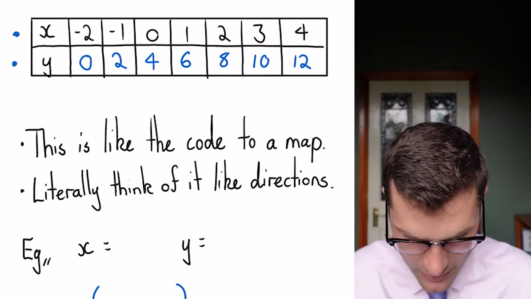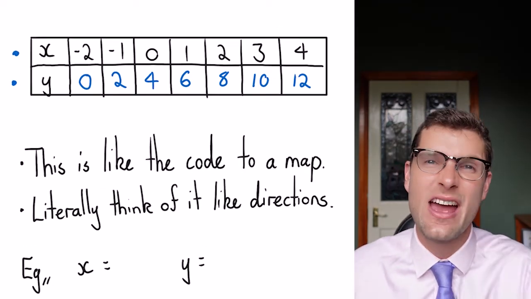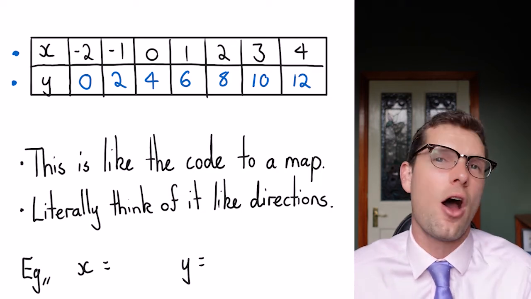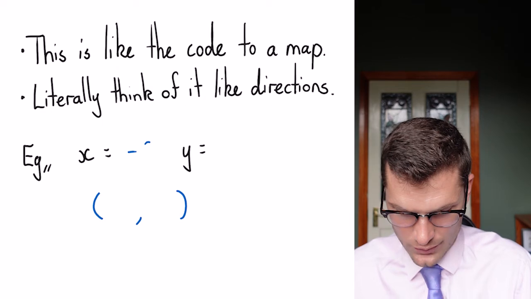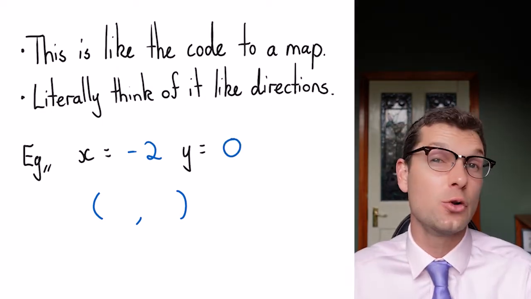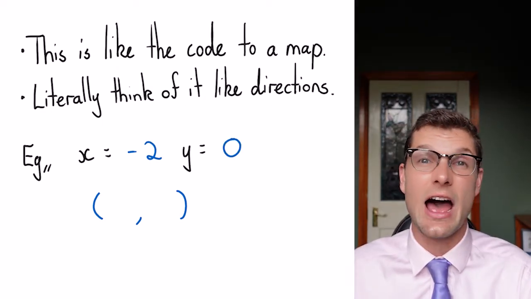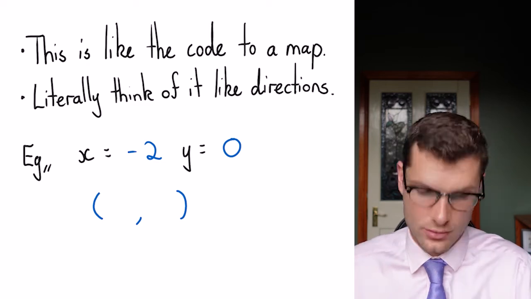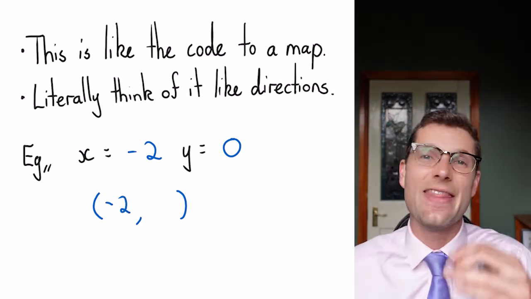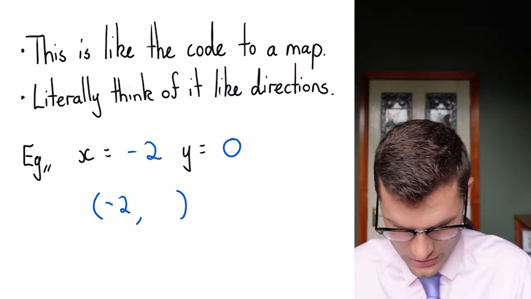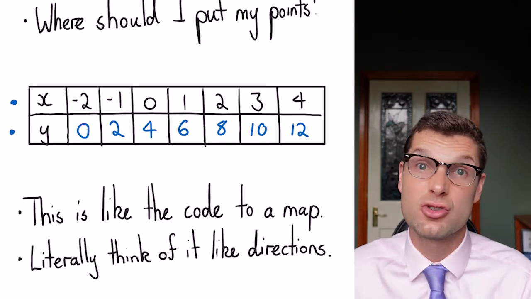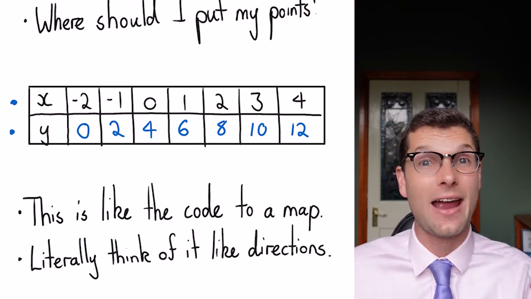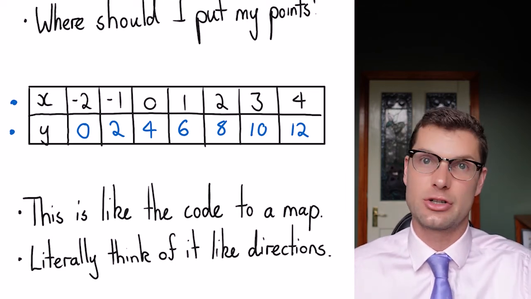So for this first one here, I've got x is -2, and directly underneath that, I've got 0. So here, I've got x is -2, y is 0. They are fully related, so the directions are go backwards 2, so -2, and then don't go up or down, which is 0. The next point there is -1, 2, so I go back 1 and up 2.